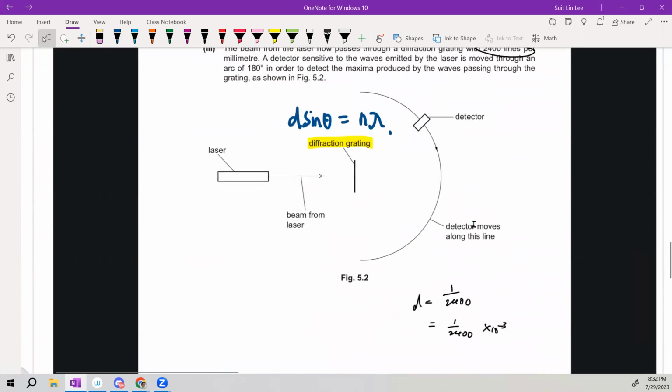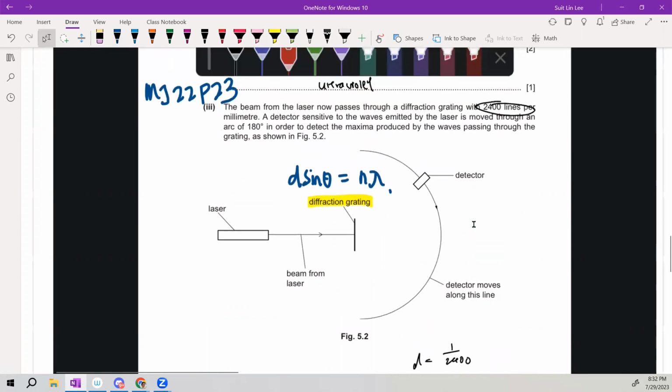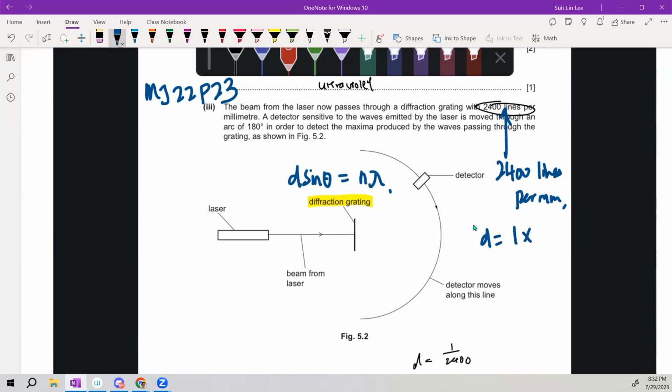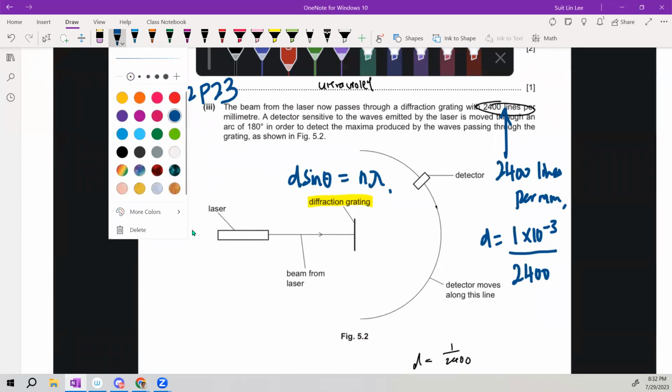For those who need a bit of help, whenever you use d sin theta equals n lambda, first thing first, I have to figure out what my d is. This is 2400 lines per mm, meaning d would be 1 times 10 to the power negative 3 m, that is 1 mm, divided by 2400.